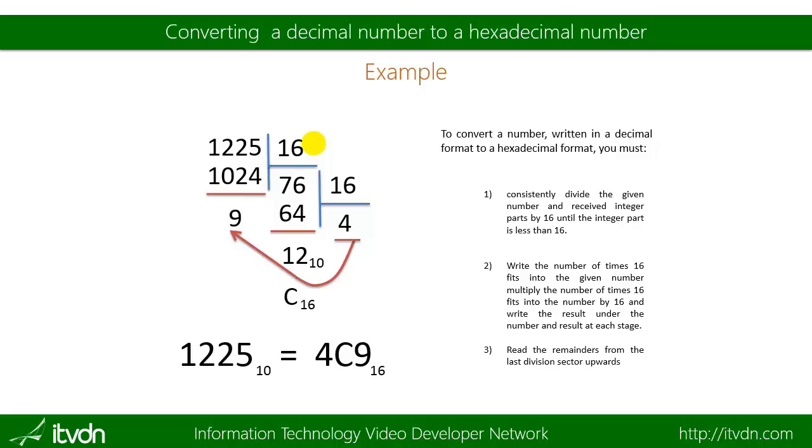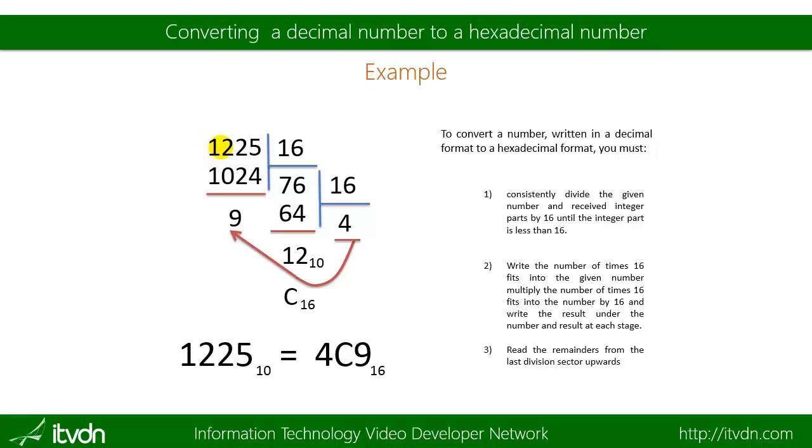So how many 16s can we fit into 1225? We can have 76 16s. And then we write 76 times 16. We'll get 1024. And subtract 1024 from our initial number.